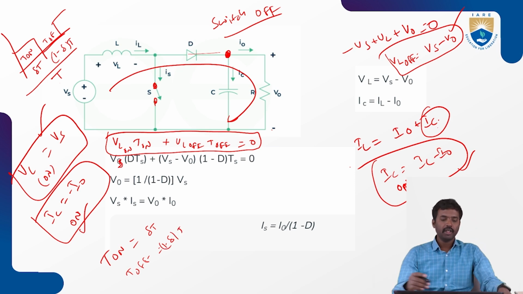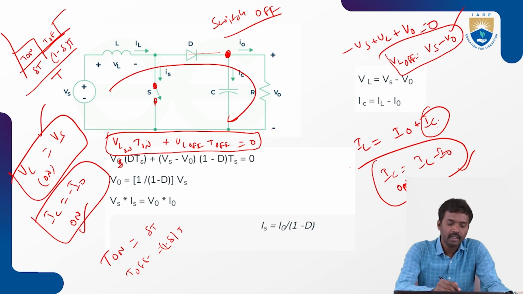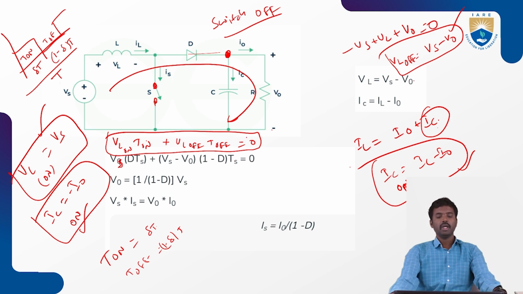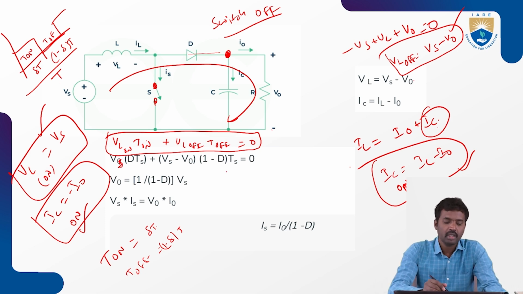So now here VL on is Vs and T on is D into T, and VL off is Vs minus V naught and T off is 1 minus D into T, the total time period. T is a common term.